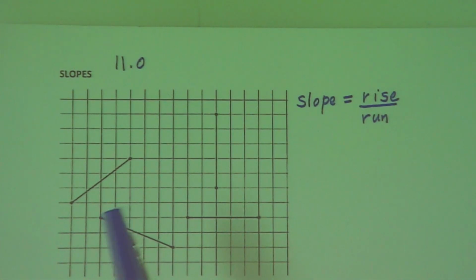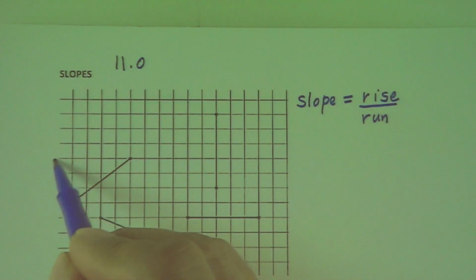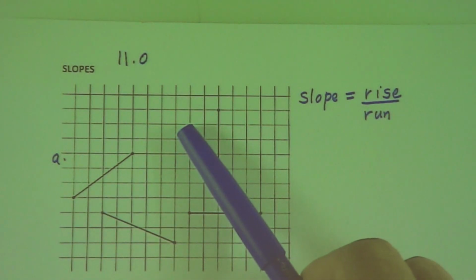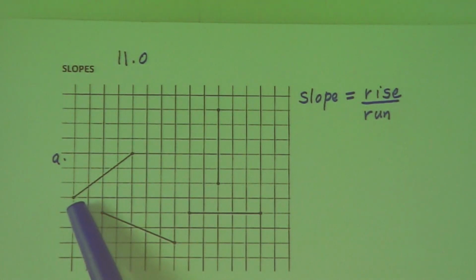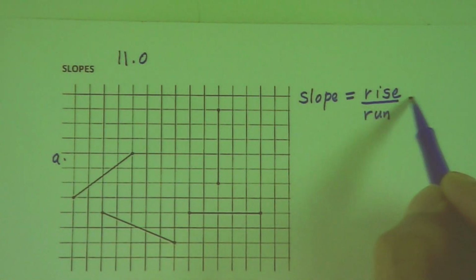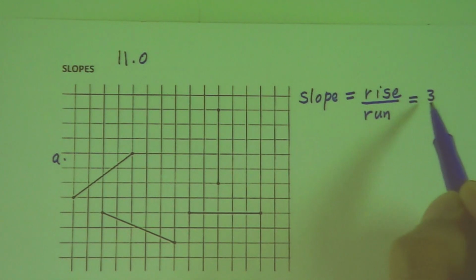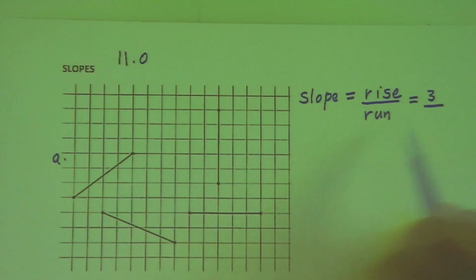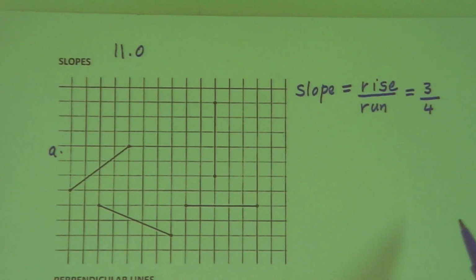So let us take, let's call this A. To find the slope of this line segment, I can start from here and rise up 1, 2, 3. And then run 1, 2, 3, 4. If you rise up, that's positive.